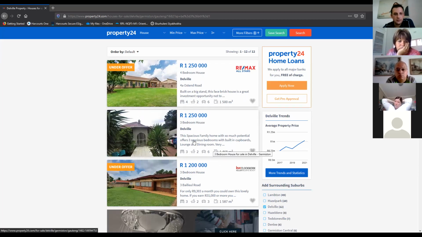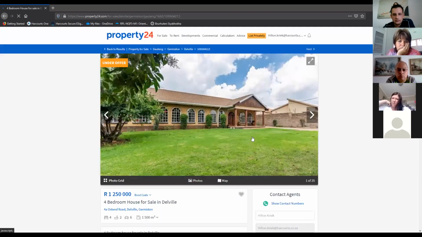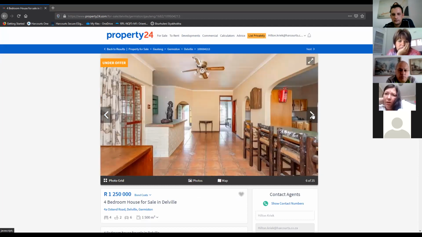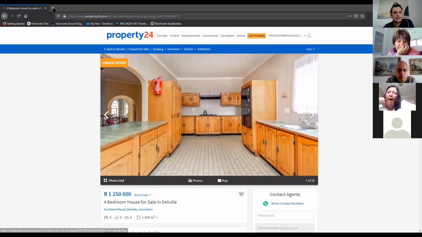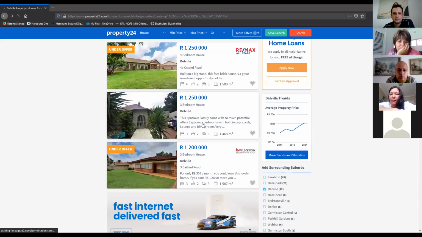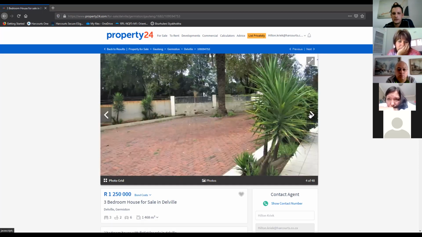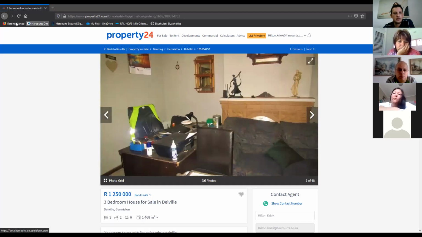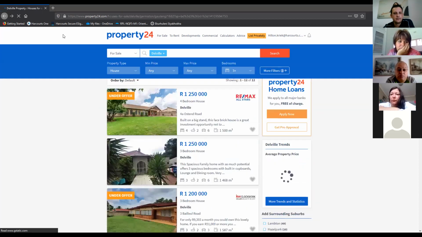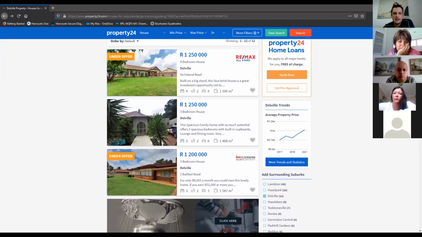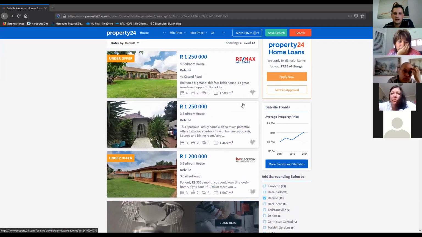No, could be. Lots of space. I just want to see if it's the same property, yes or no. No, 2 different properties. Okay, which is fine. So there we've got 2 properties, 3 bedrooms, 2 bathrooms, and they've both got parking space for 6 vehicles, and they're both around 1,500 square meters.